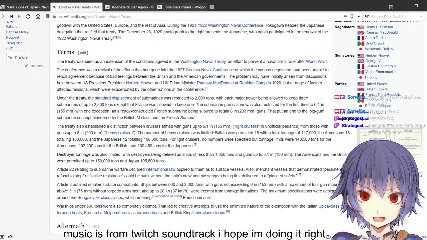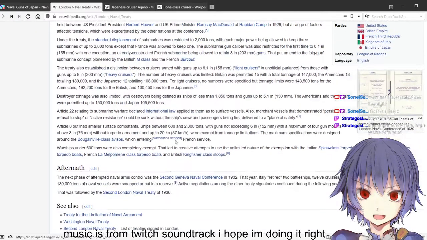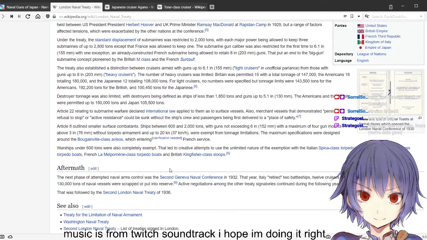Isn't there a tonnage limit? Or is that second LNT? It establishes the difference between light and heavy cruisers based on gun size maximums. It wasn't totally a thing yet before then, but it was developing into a thing.